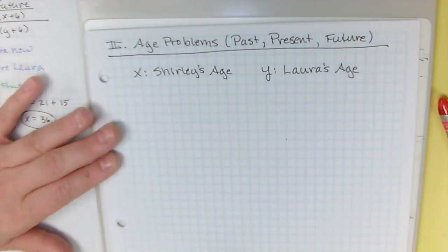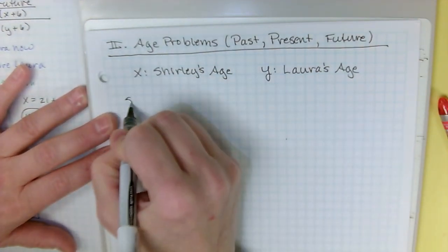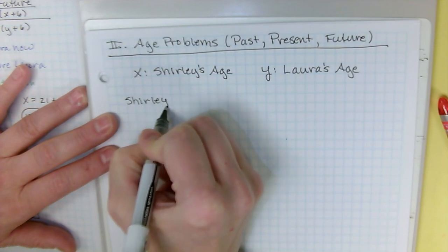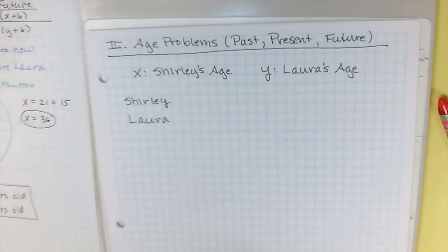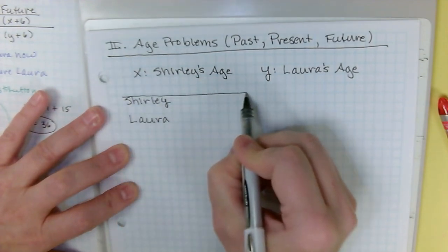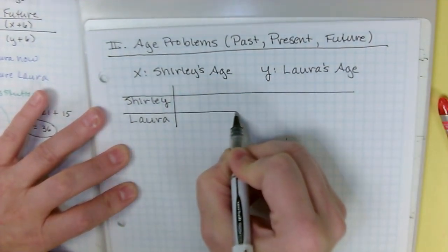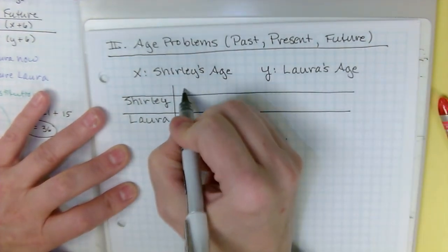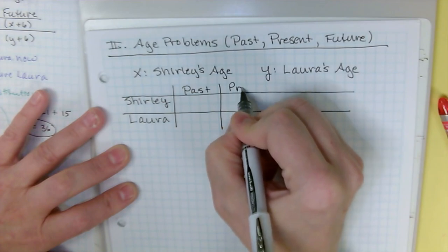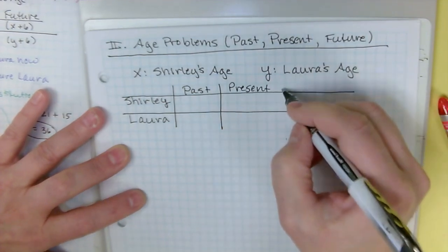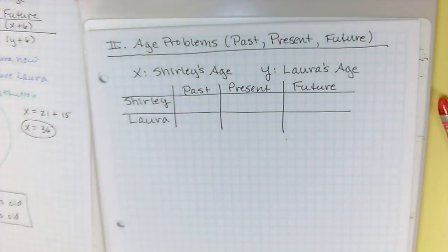Okay, so when you do a past, present, future problem, it's usually a good idea to make a chart. So we're going to give Shirley her own row and Laura her own row. And then in the chart, we're going to have past age, present age, future age.